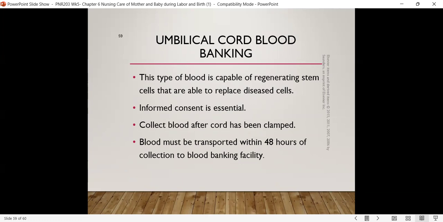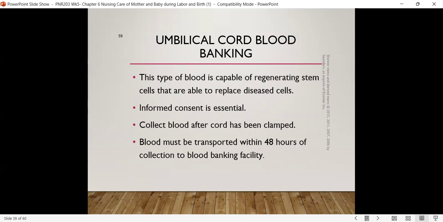These are the beginning of cells, able to actually regenerate disease cells. So these are pure cells that we can take from the cord. And then we put them into a special container, and it gets put into ice. You want to keep it cold, and it gets shipped off to a facility that banks blood.